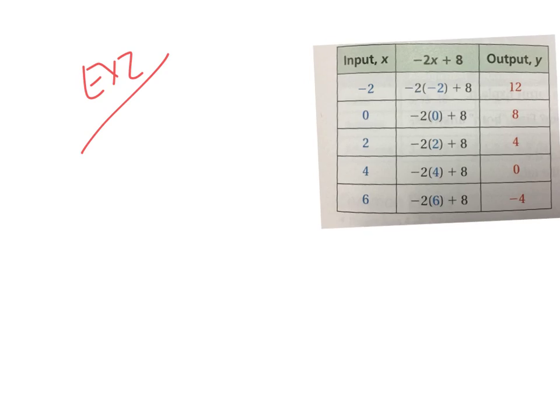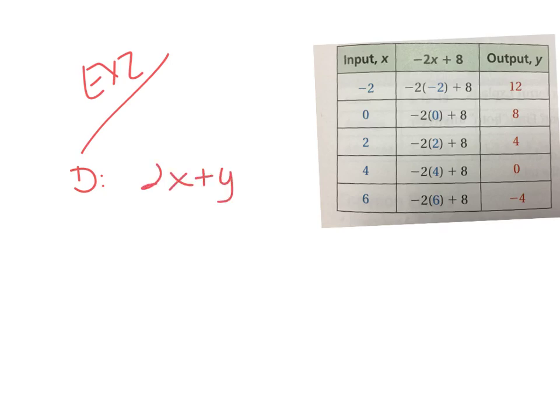Okay, this is when you're looking at a table. So they told you the domain is represented by 2x plus y equals 8. Is this in function form? No, so we need to solve that.